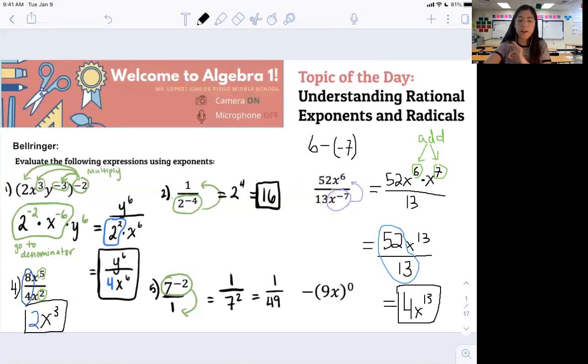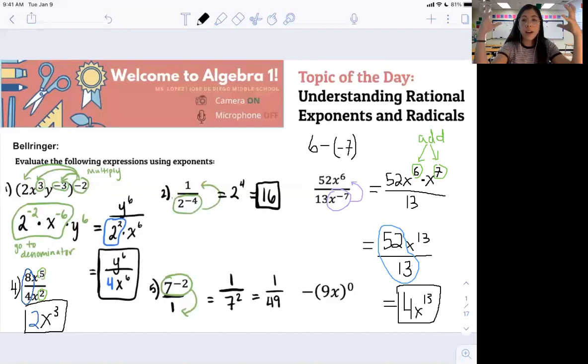So I'm going to pause there. Are there any questions on number 3 or number 4? Why did we start by dividing the exponents first? In number 4? Yeah.